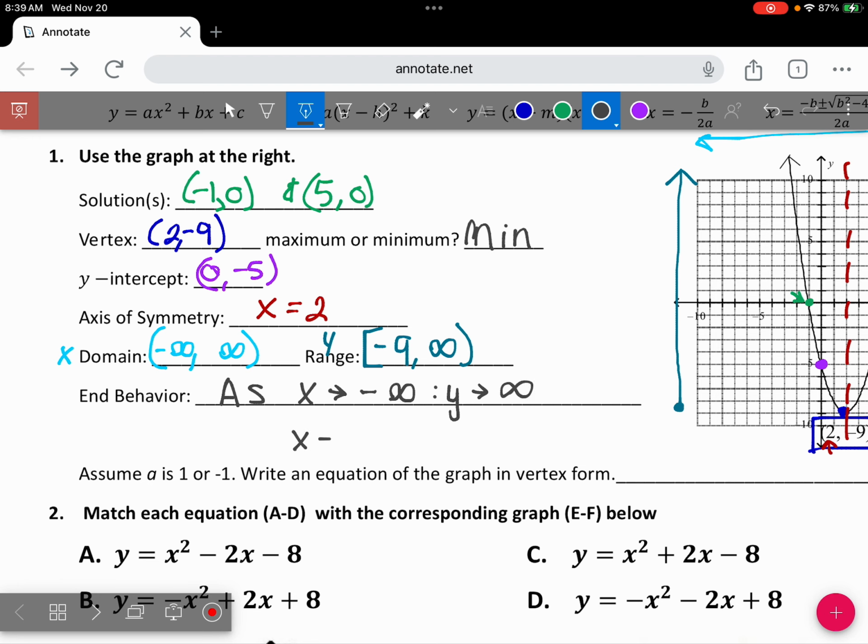As x approaches positive infinity, as my x's get really big, if my x is 100 or 1,000,000 or 1,000,000,000, what's going to happen to my y values? Positive infinity. They're also getting really big. So domain looks at our x's in isolation. Range looks at y's in isolation, all by themselves. End behavior is looking at the relationship between them at the very end.